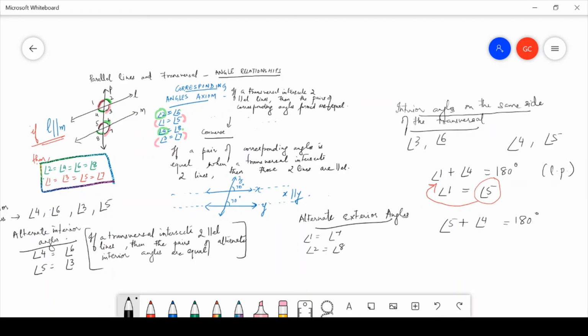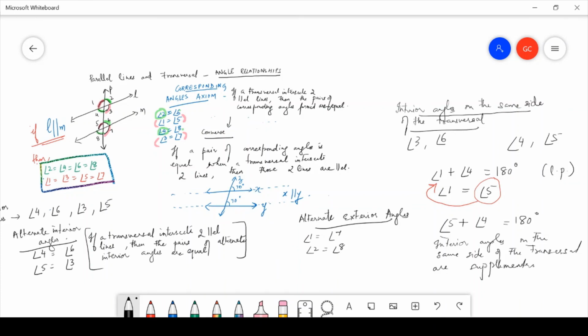Which means interior angles on the same side of the transversal are supplementary.